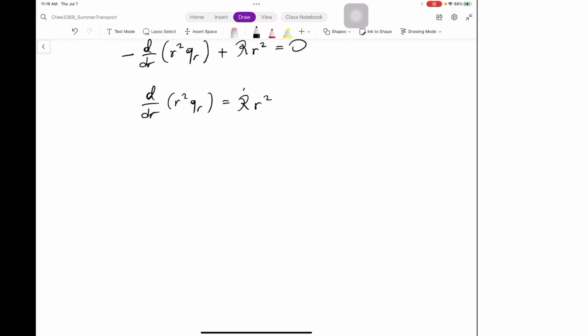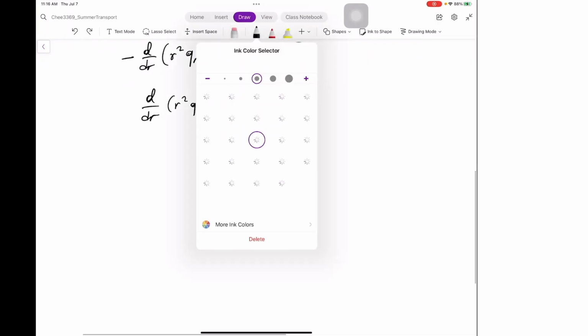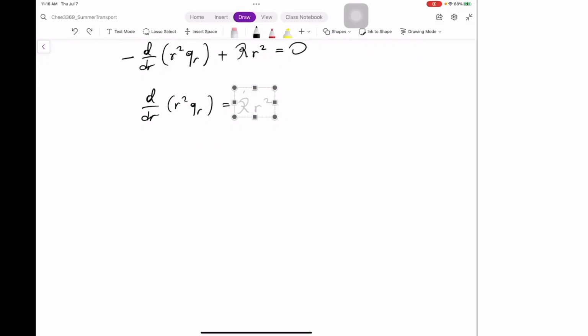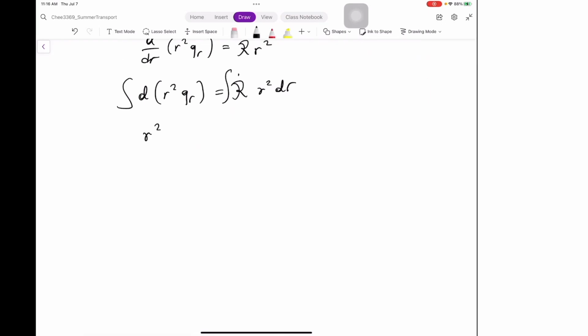Yep. Now you take the integral of both sides, right? You multiply both sides by dr to get d(R squared QR) is equal to fancy R dot R squared dr. Take the integral, and then you get R squared QR is equal to fancy R dot R cubed over 3 plus some constant.